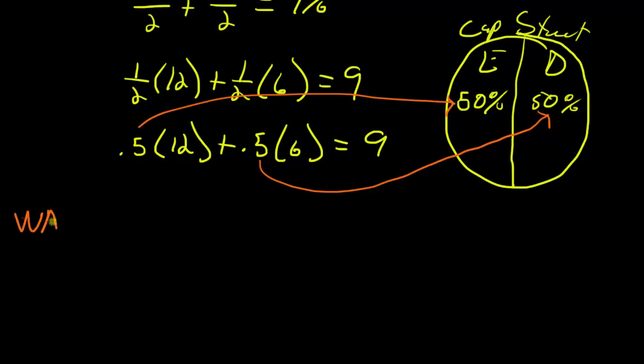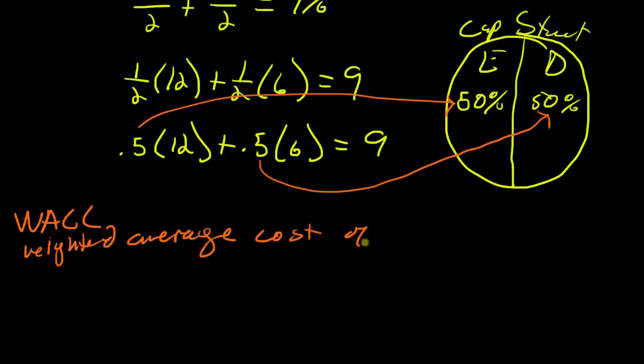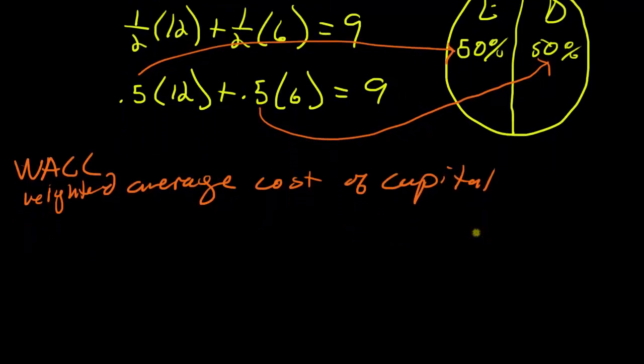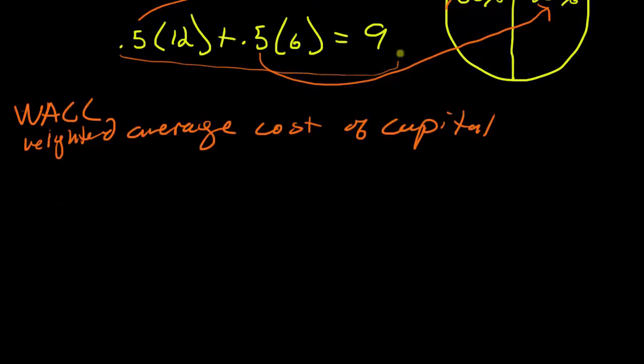Okay, so now the WACC equation. WACC, which means weighted average cost of capital, is going to look a lot like this equation here. So follow me. This is going to be the percentage that comes from debt. Actually, let's do the equity first so we can be consistent.